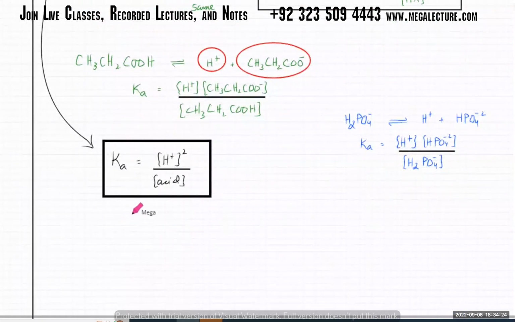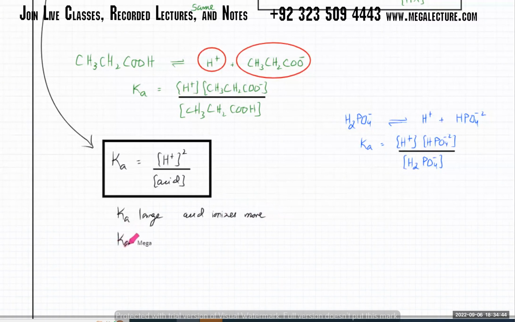So the thing is कि आपका जो K है ना, that Ka large होगा, that means the acid is strong, or acid ionizes more. और K अगर weak होगा ना, that means the acid ionizes less.